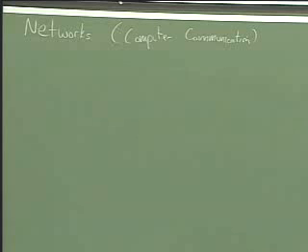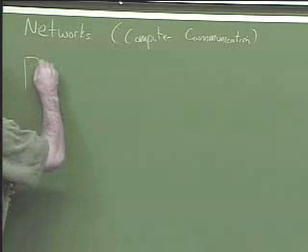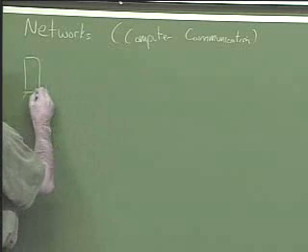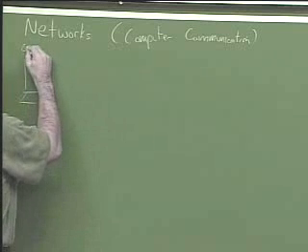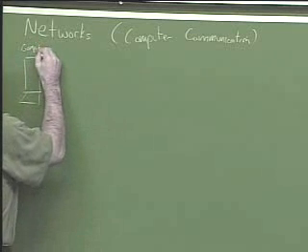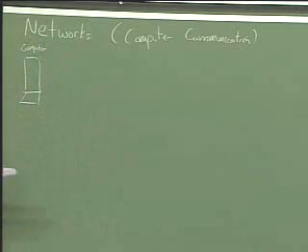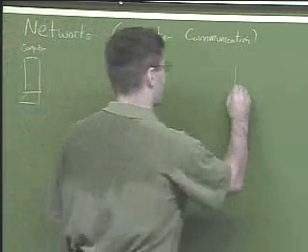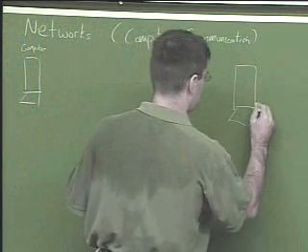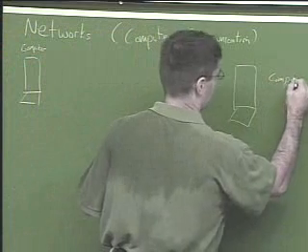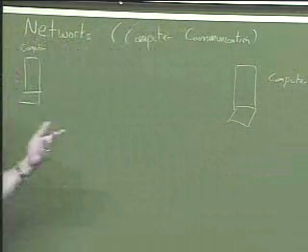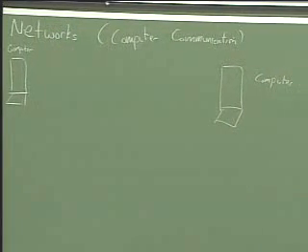So what is it? What is a computer network? You've got some computer in one location and another computer in another location. And these days it's not very hard to explain because everybody uses computers and computer networks.